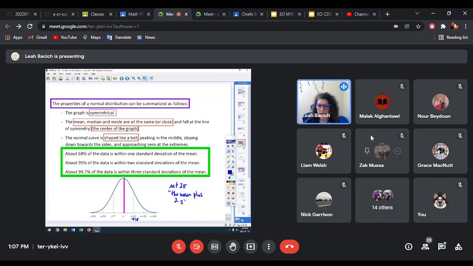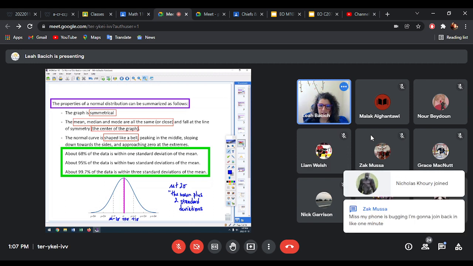Remember that symbol, we learned that way back, so you might want to go back and review your symbols. That's what it means. Okay, so this is going to be the mean minus 1 standard deviation. If you think of this at 0, this is actually mu plus 0 standard deviations because it's at the center of your graph.